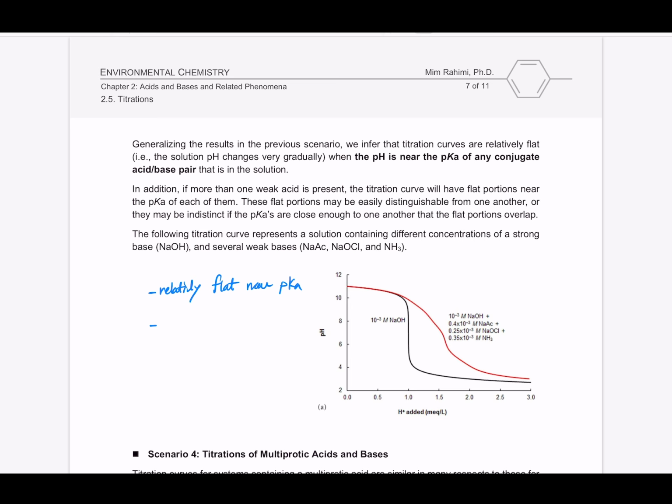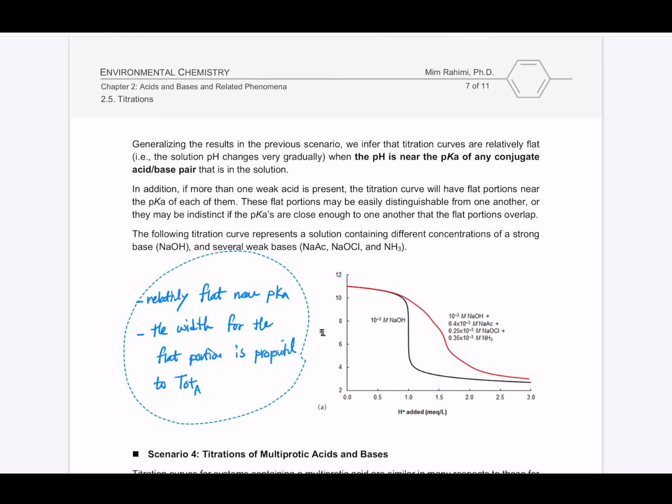And also, as we mentioned, the width of the flat portion is proportional to the concentration of each specific acid or base that we have in the system.